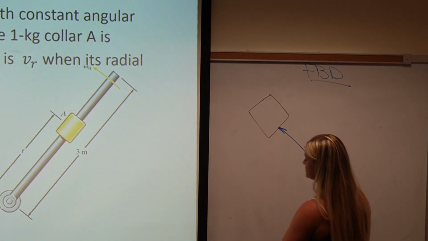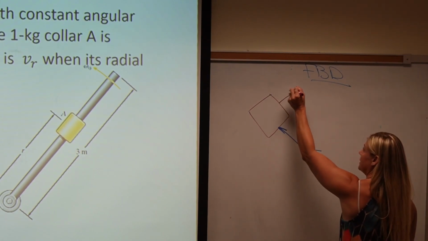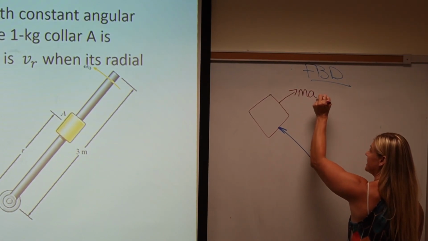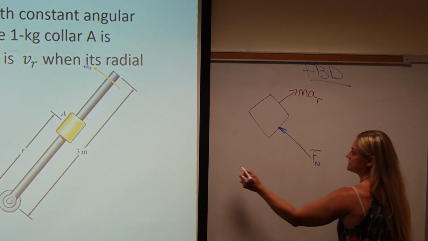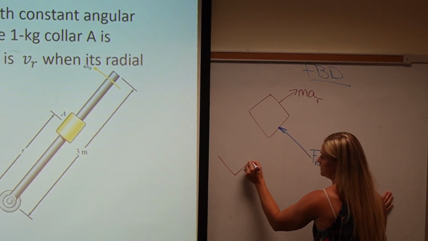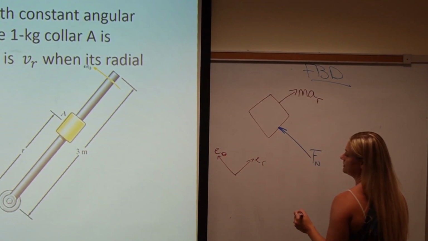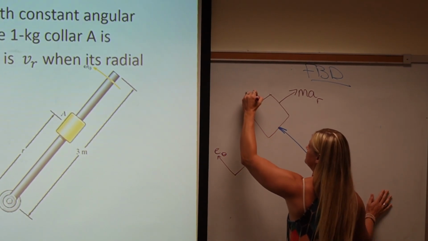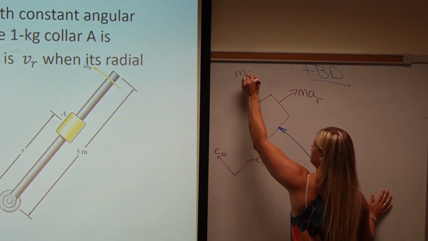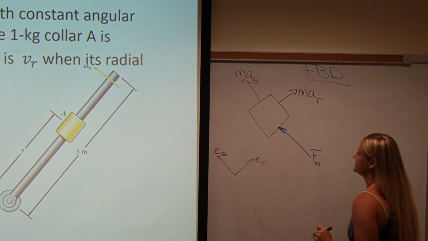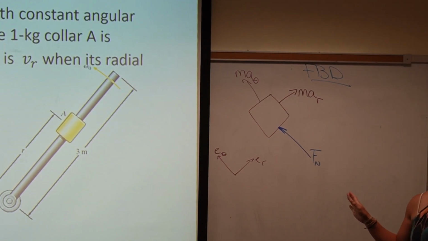Okay, so you have an m acceleration in the radial because my coordinate system is ER and E theta, correct? Okay, so this is going to be what? Very good.